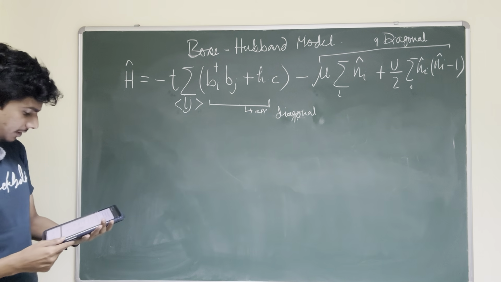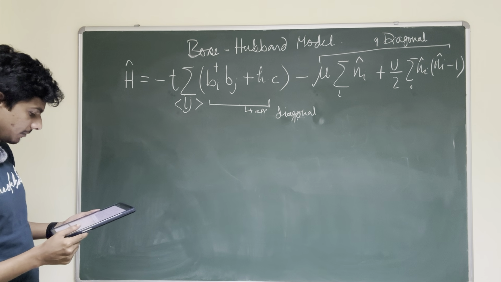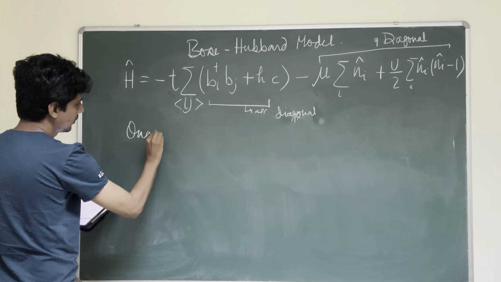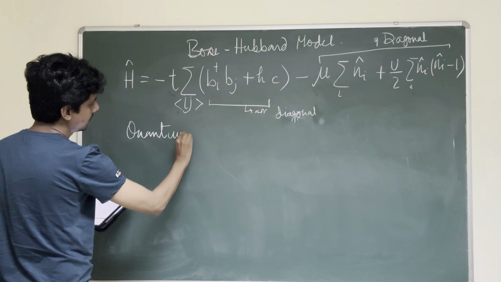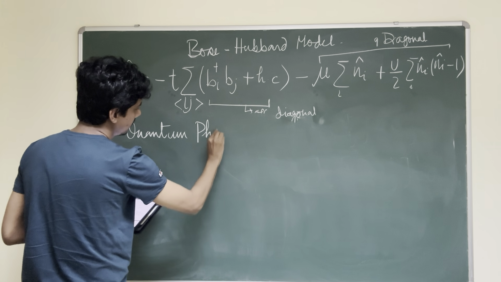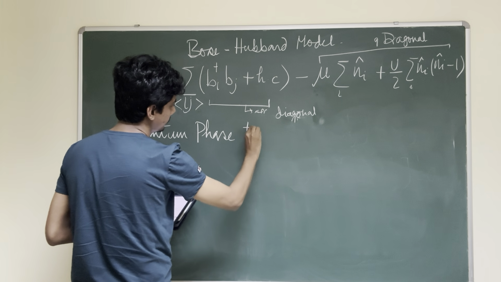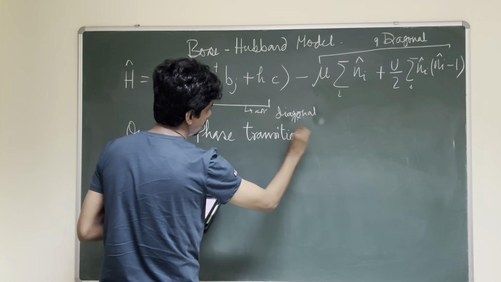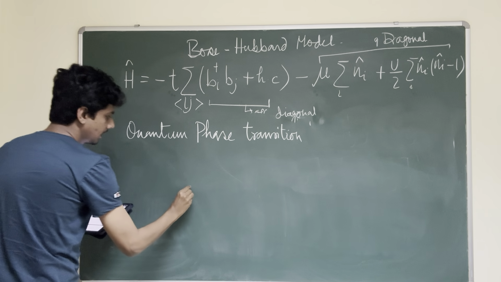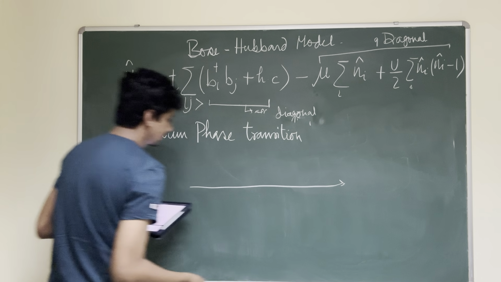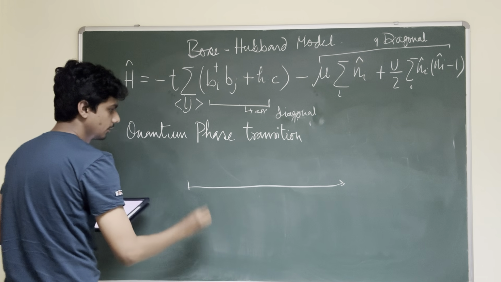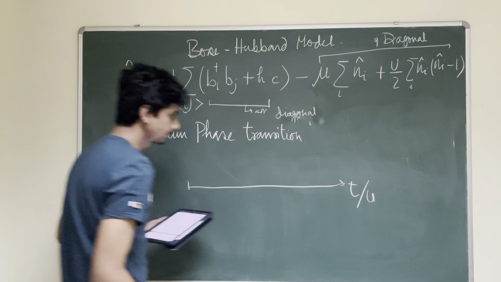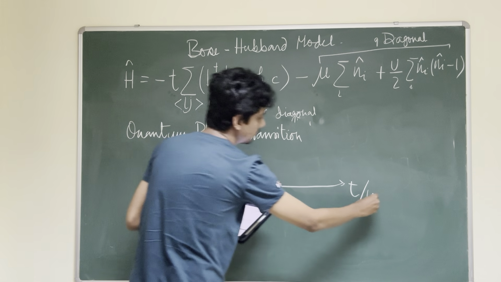So here there is the quantum phase transition. If you have a scale that originates from here, it's something like T/U, where U is our on-site interaction.